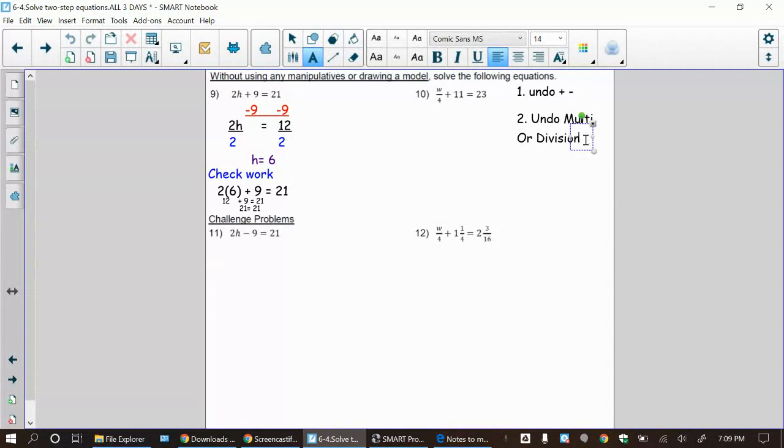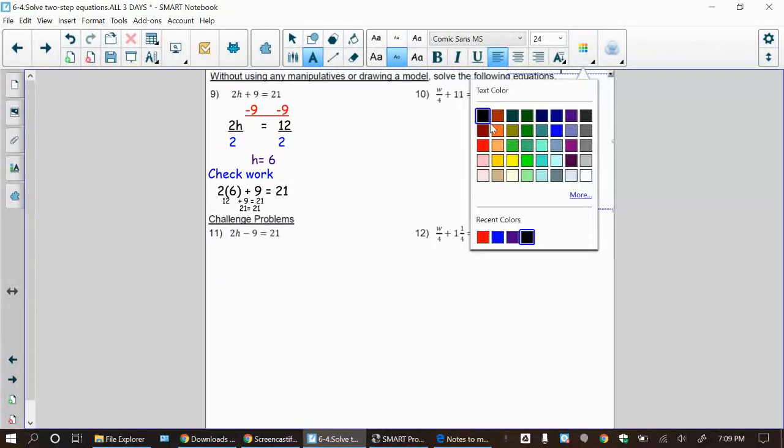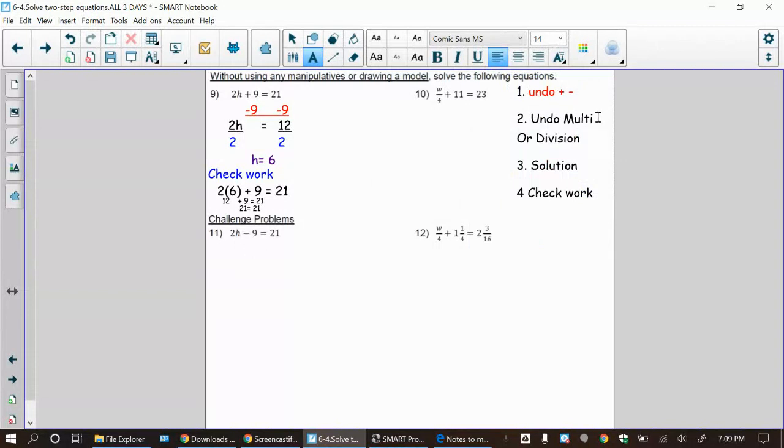Okay, so then we get, third step is our solution. Check work. Okay. All right, see if you can figure out this one down at the bottom underneath it, the challenge.